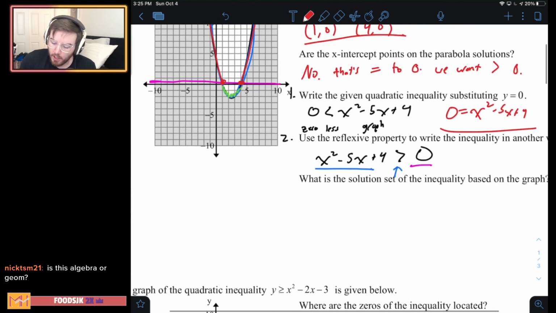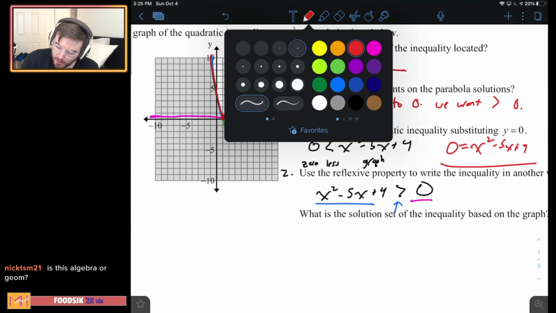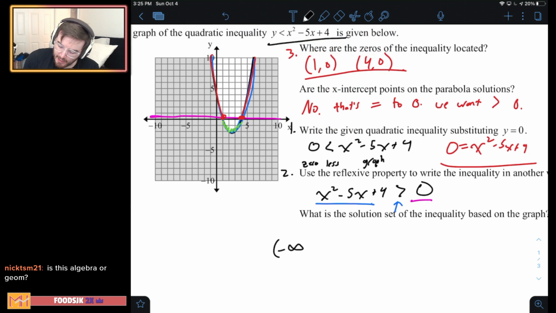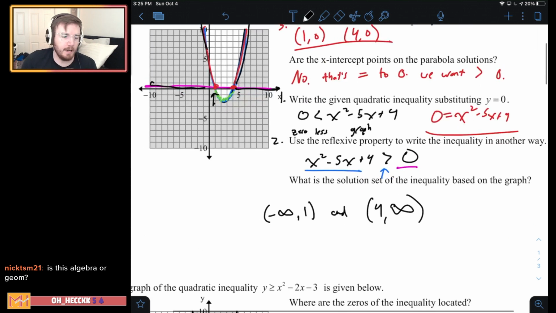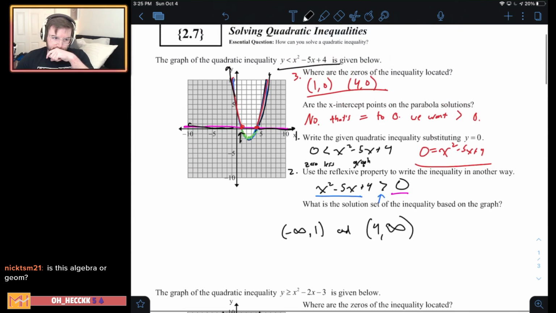So these two arms, as x gets really negative, our graph gets really big, all the way up until 1. And then on the other side, from 4 all the way up to infinity as it gets bigger on the other side. All right, I did that much better now.